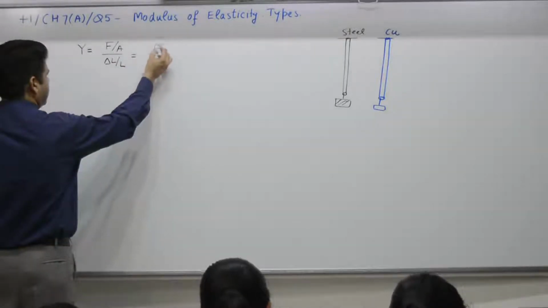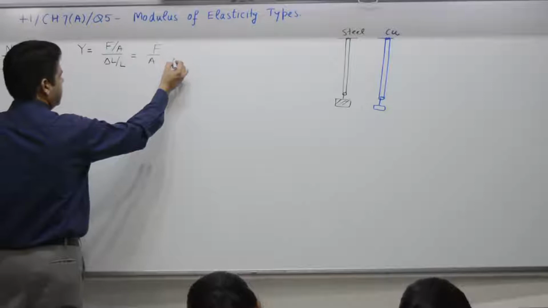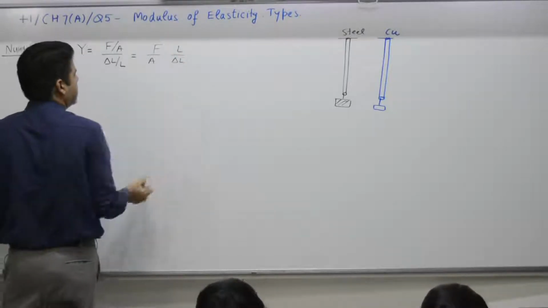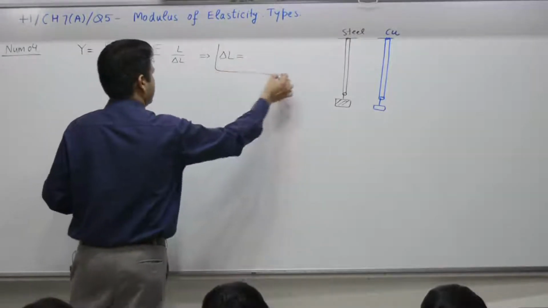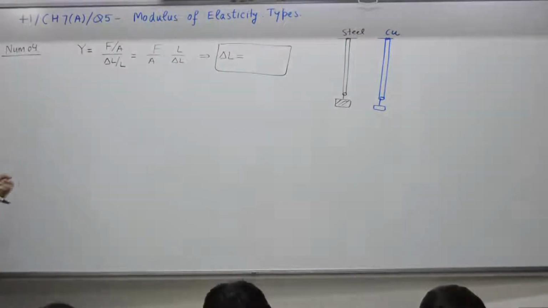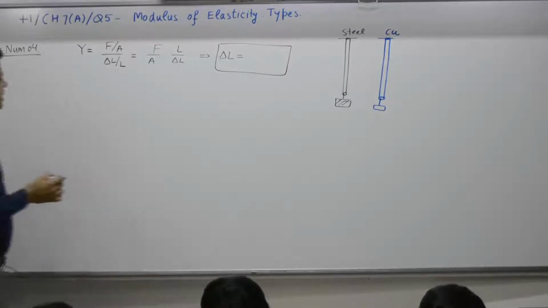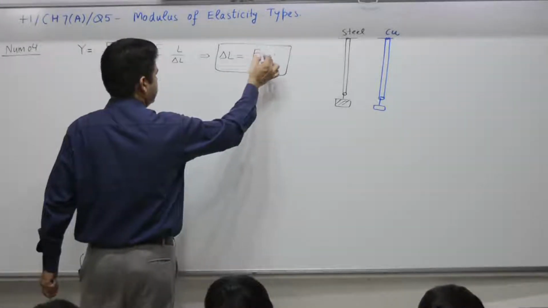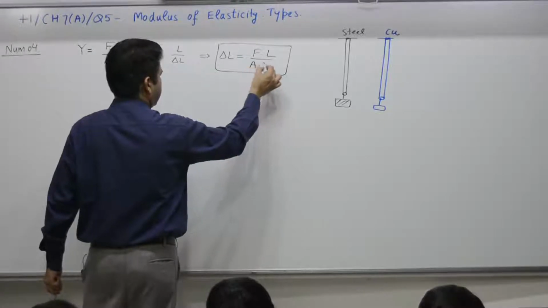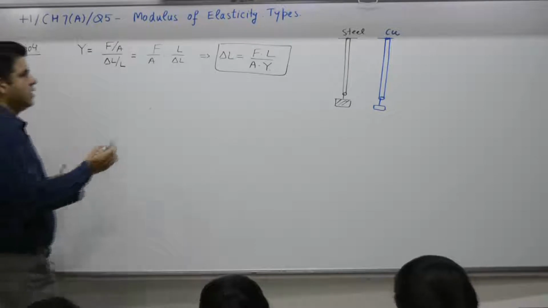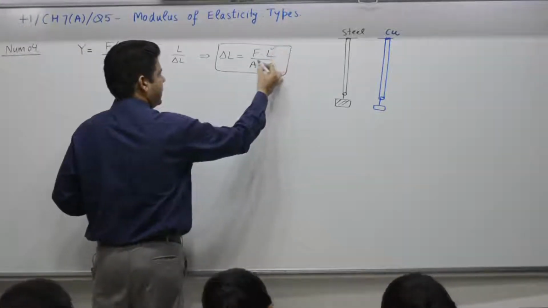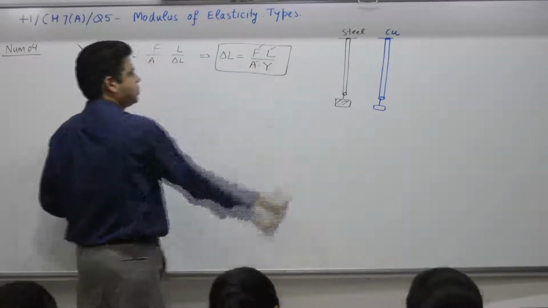So delta L, increase in length, is equal to F L by A Y. Two exactly similar wires means what? Same length, same area, and force is also the same.